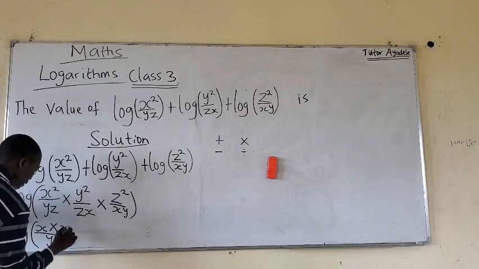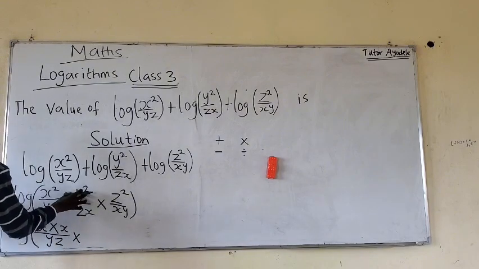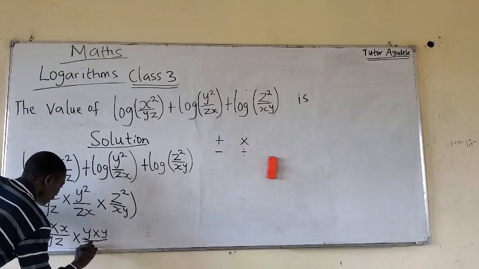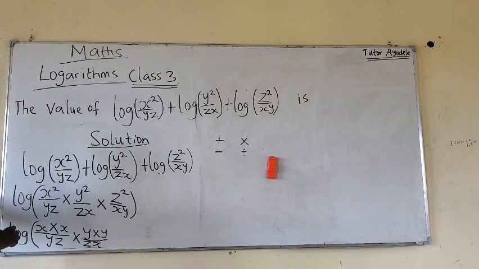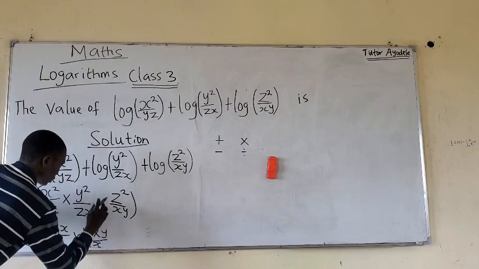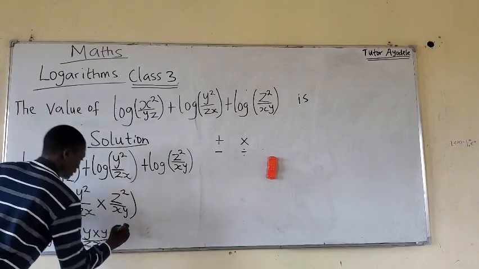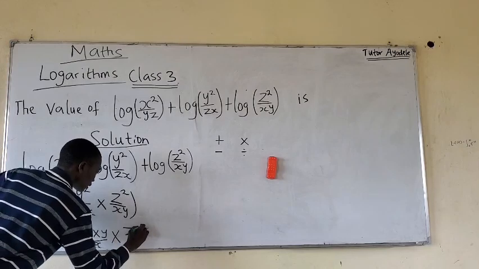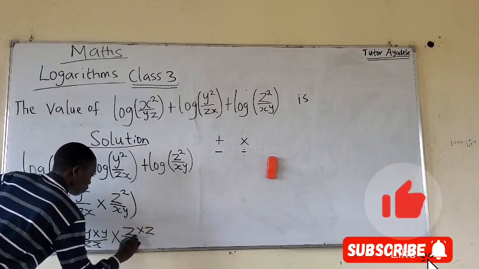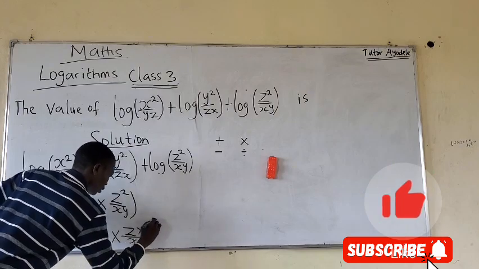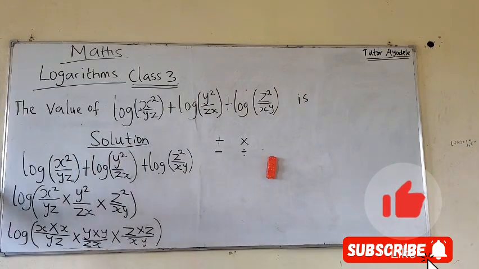This, times this y squared, is the same thing as y times y, all over zx, times this z squared, which is the same thing as z times z, all over xy. Close the bracket.